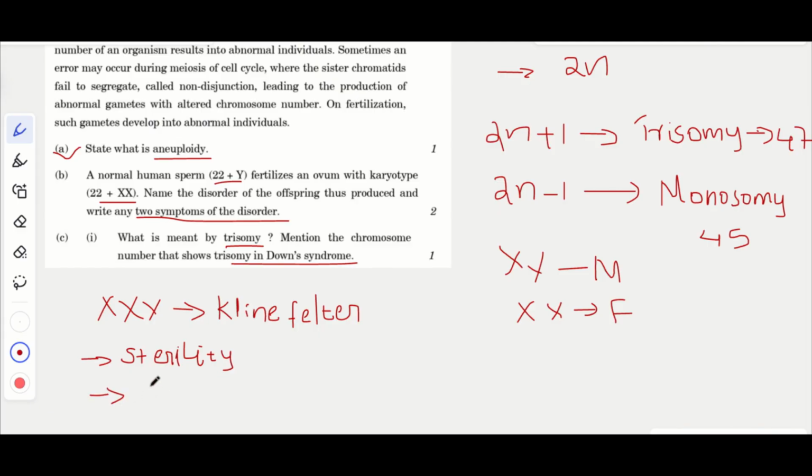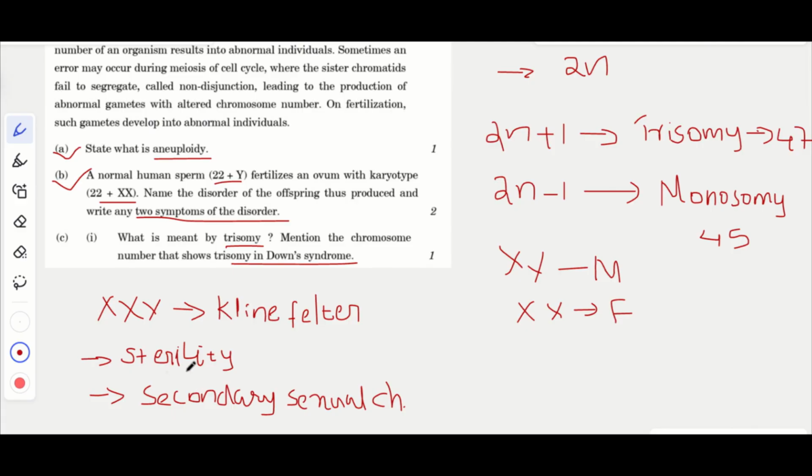Okay. So the secondary sexual characters will be poorly developed. Okay. Clear? This is the answer for the second question.